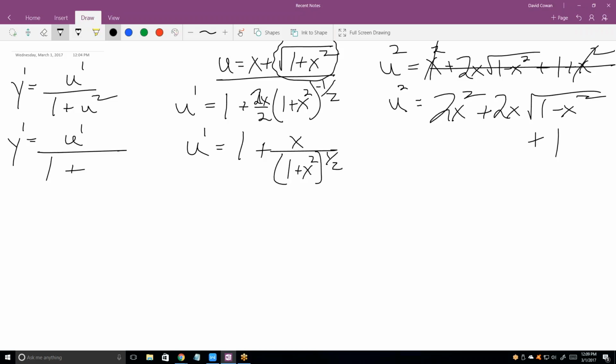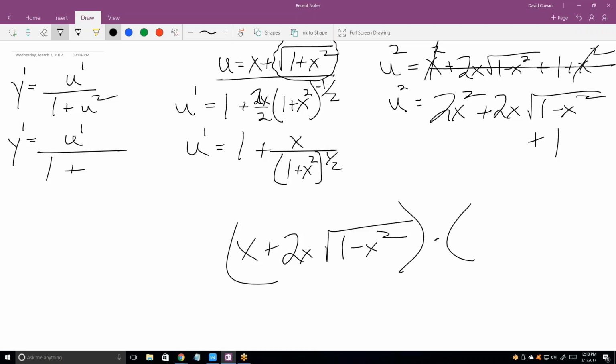Is the inside of the radical plus, or is it minus? Isn't it root 1 plus x squared? Okay, here's what we're doing: x plus the root of 1 plus x squared, multiplied by the same thing.